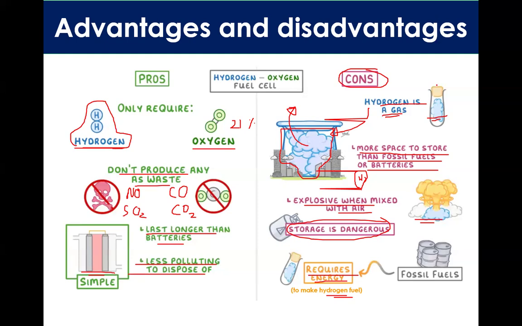Although hydrogen makes up most of our organic compounds, organic matter on Earth, it's not really abundant as a gas. So you need to extract it from the air, and that machinery requires energy. When you're powering that machinery using fossil fuels, it's basically the same thing. You're using fossil fuels to produce an eco-friendly fuel.